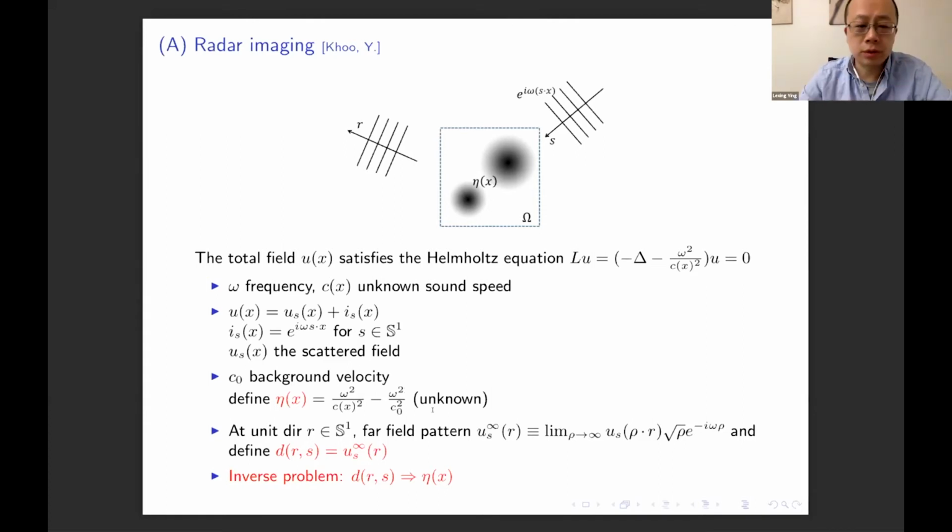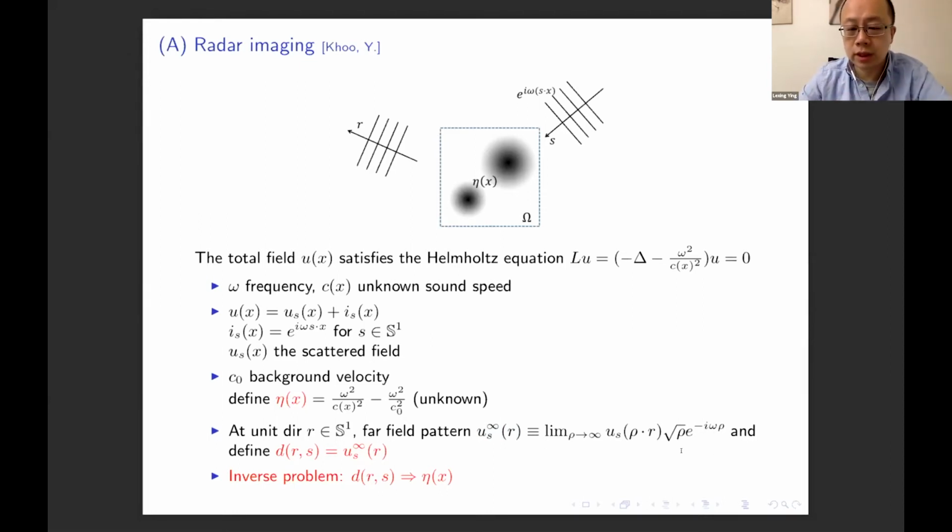Now, what is the data we receive? The data we receive is something called a far field pattern, denoted by u^s infinity of r. What this really is, is that you take the scattered field, and instead of looking at a finite location, you move your receiver to infinity along a certain direction r.